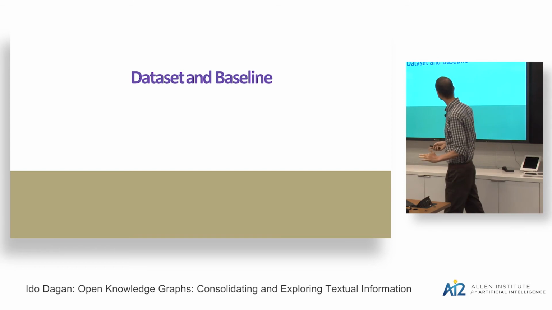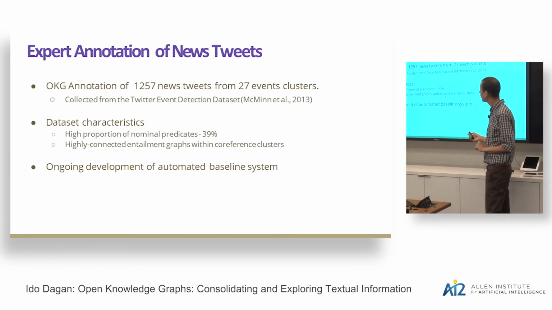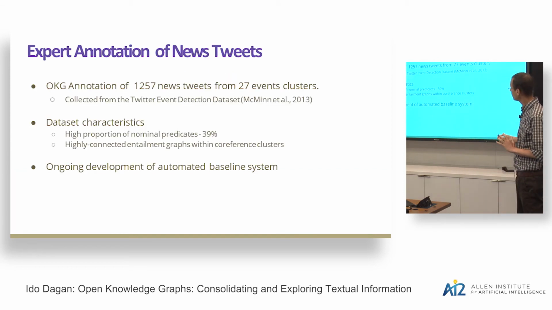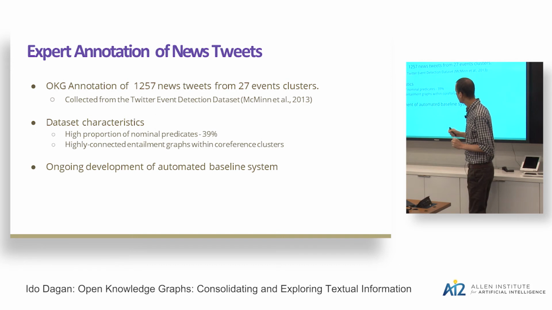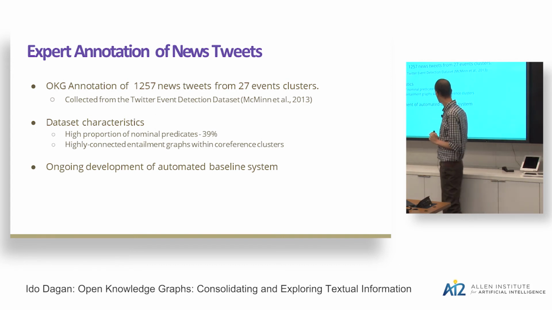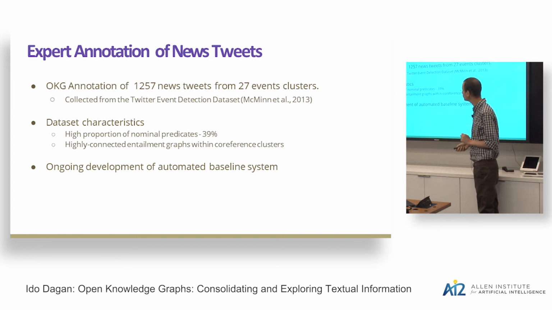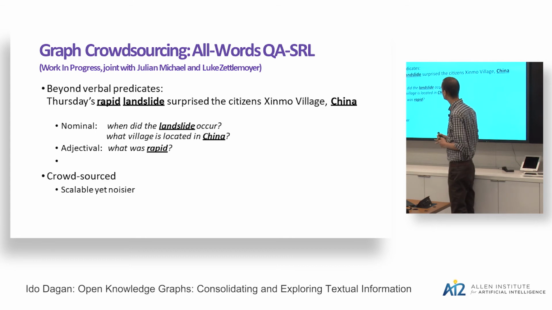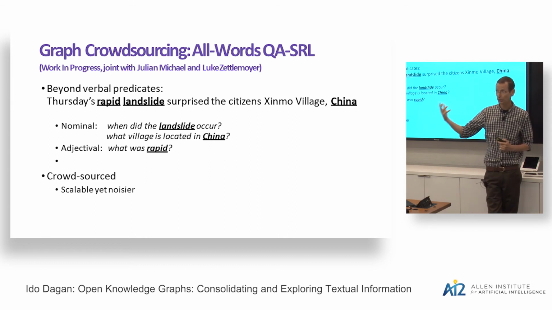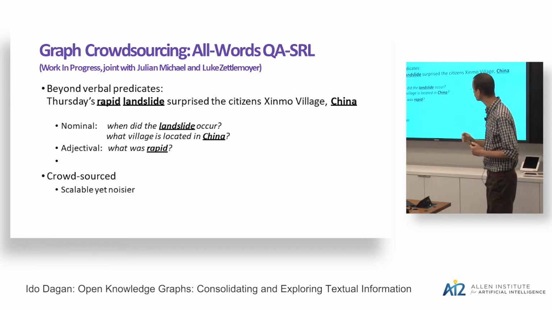Okay. What we've done so far is we have created an initial expert data set of news tweets, and we are in ongoing development of an automated baseline system. The other effort we are doing now, together with Luke and Julian, his student, is to try and derive these graphs from a QA-SRL type crowdsourcing effort.